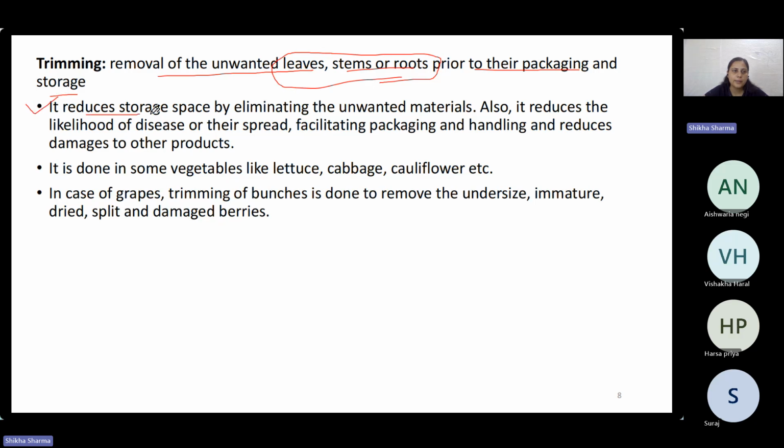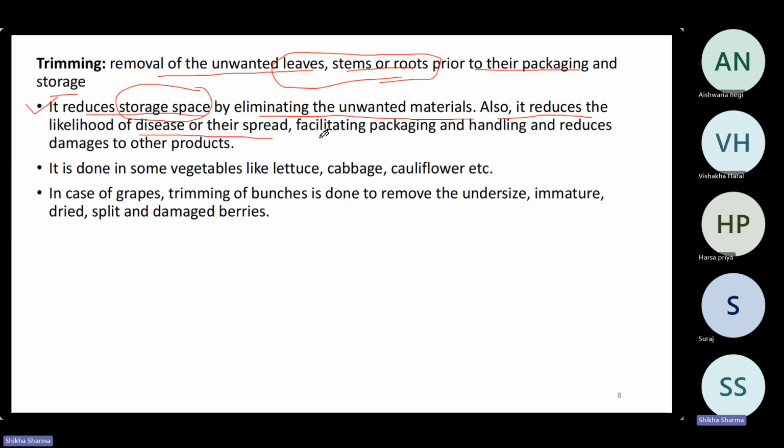Trimming reduces storage space by eliminating the unwanted materials. So the storage space will be less, and it is cost beneficial for transportation purposes. Also, it reduces the likelihood of disease spread.